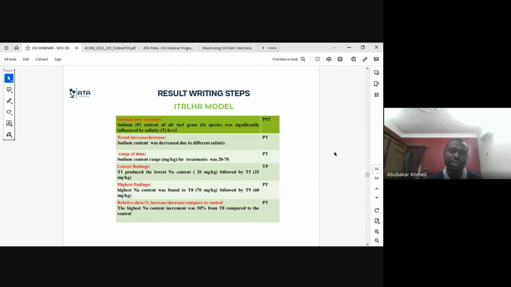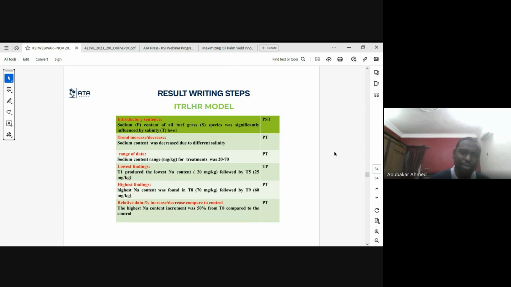So you see here we use the PST model: parameter, subject, and treatment. So our parameter is sodium content, of all turf grass, which is the subject, which is the focus of this per se result, was significantly influenced by salinity. Salinity is the treatment.